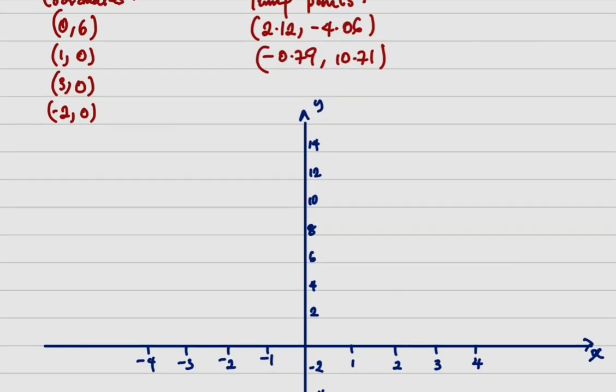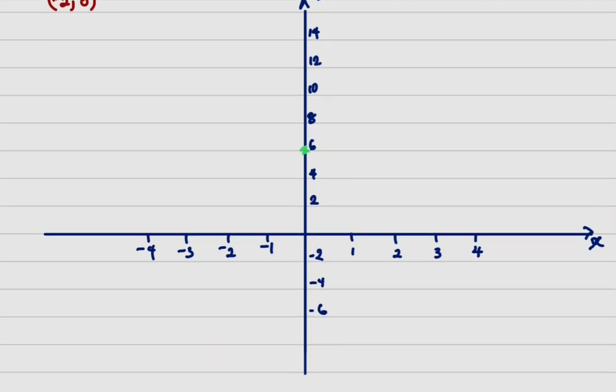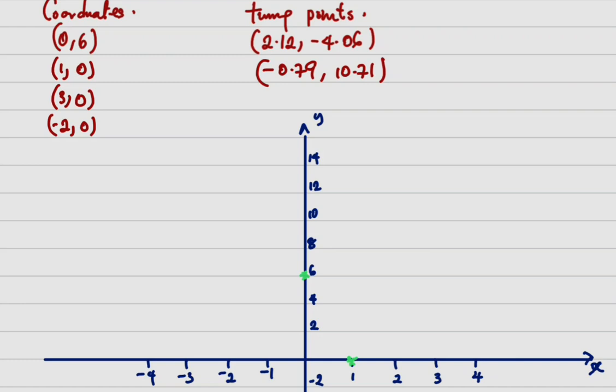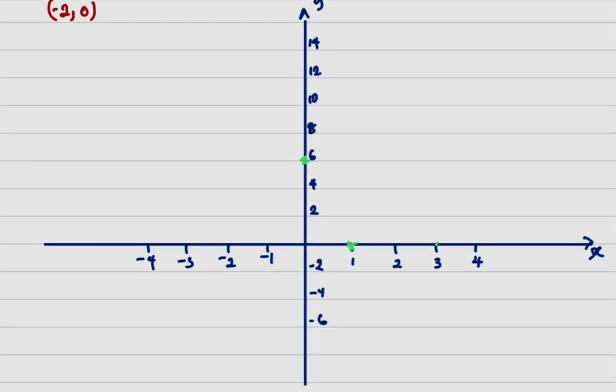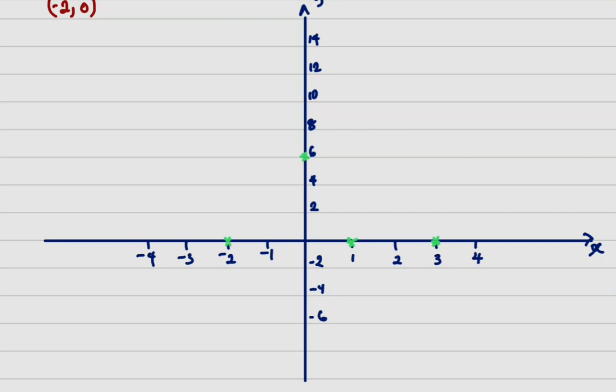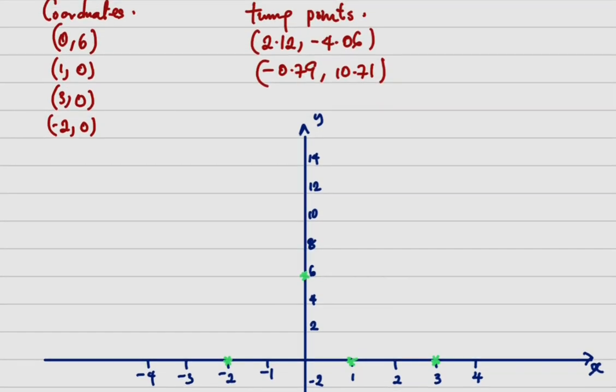Now we have 6 here. Then we have 1.0, so it means we have another point here. Then we have 3.0, another point here. Then we have minus 2.0, another point here. So we have the coordinates on the Cartesian plane.